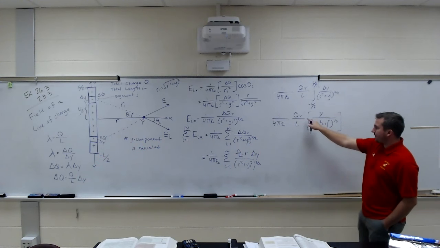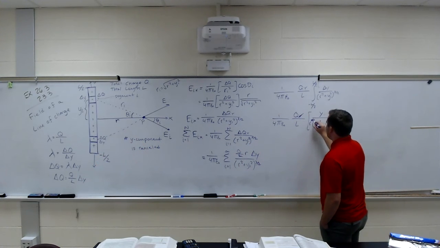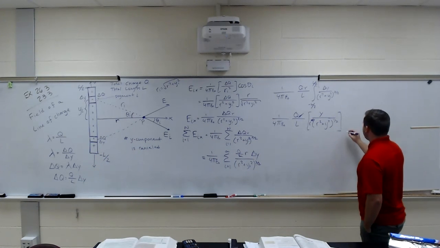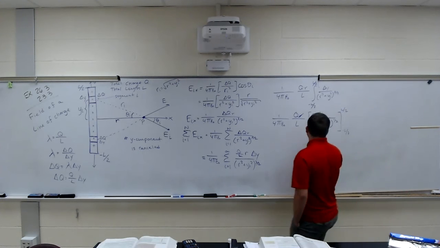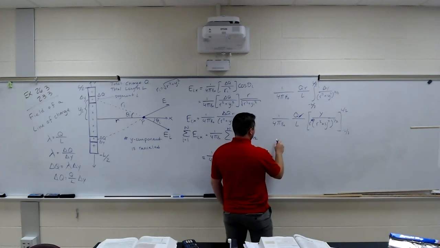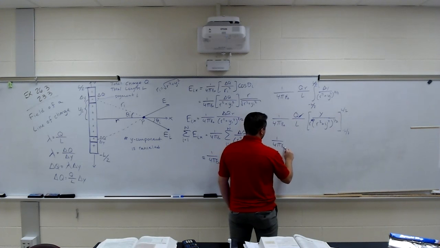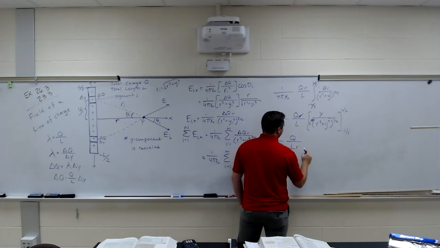Now, because we have an r up top here and an r squared on the bottom here, this r will cancel and the square will cancel there. And now we've just got to plug in and work with what we've got. So this is from negative L over 2 to L over 2. I can pull the constant r out so that I don't have to worry about that. So we'll get Q over LR.